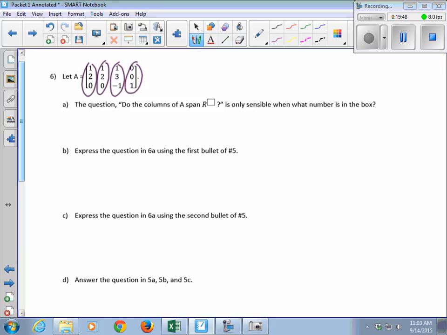What kind of vector are you going to get out? You're going to get a vector in R3. So when I ask, do the columns of A span something, the only thing that makes sense is R3. I'm asking you, can you get every possible vector in R3 by taking a linear combination of those columns?